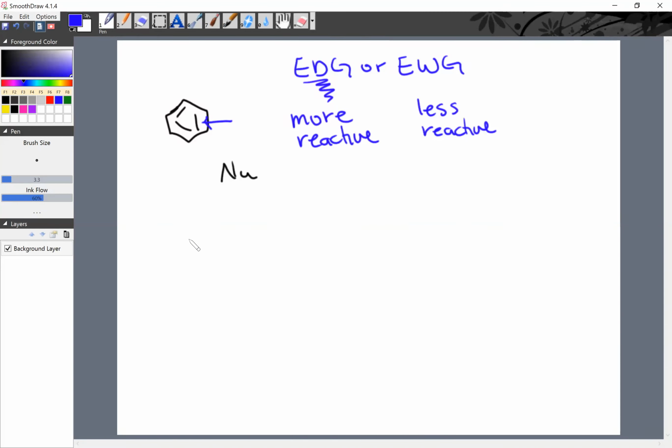So let's take a look. Let's put an electron withdrawing group. So if I'm just going to do a resonance structure, I won't do all of them. But if you'll notice, it pulled it away.